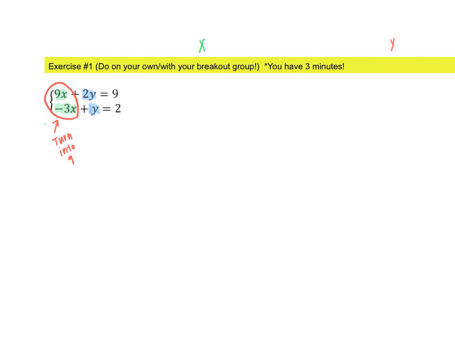Well, I multiply by 3. And I'm going to times this entire equation by 3. So if you chose to eliminate your x's, you need to multiply that entire bottom equation by 3 and come up with a new equation.